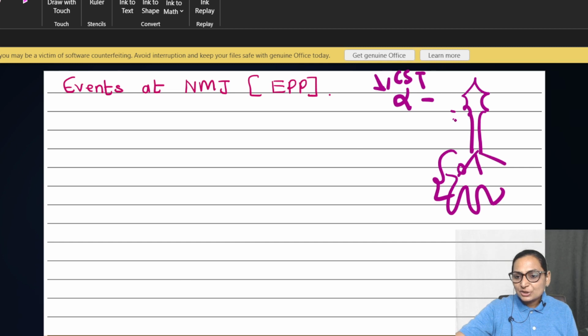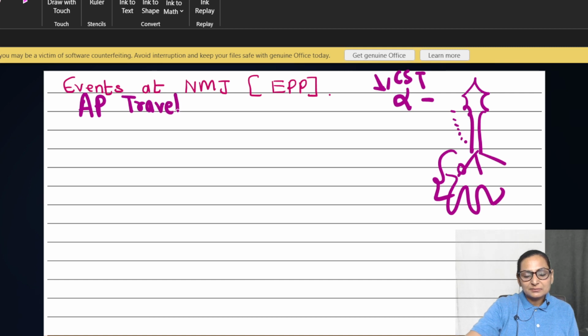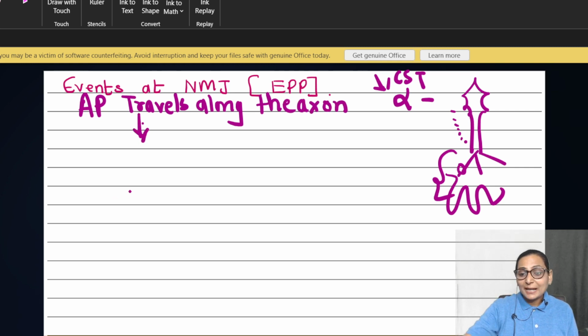So the action potential is traveling. It travels along the axon and reaches the synaptic knob.